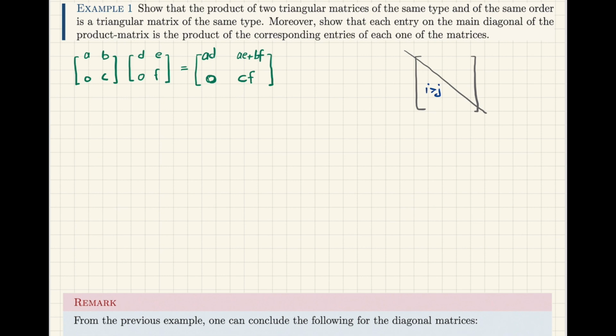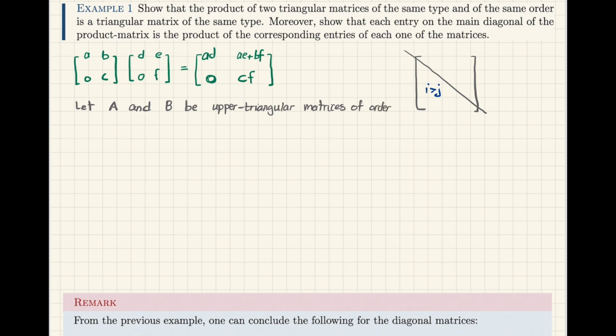So let me consider two matrices. Let A and B be upper triangular matrices of order n.